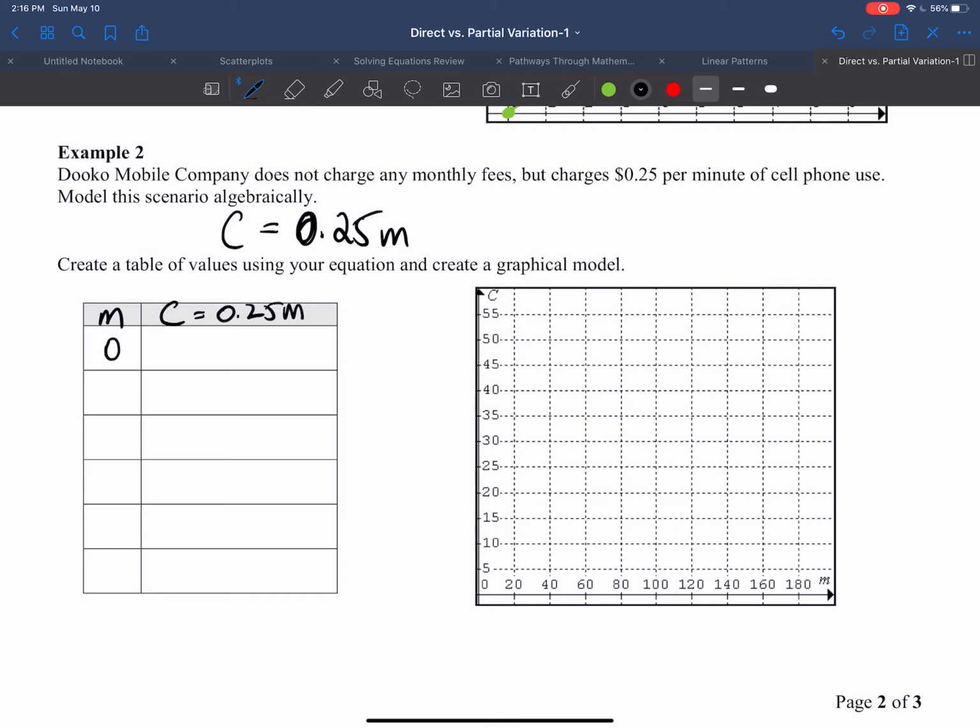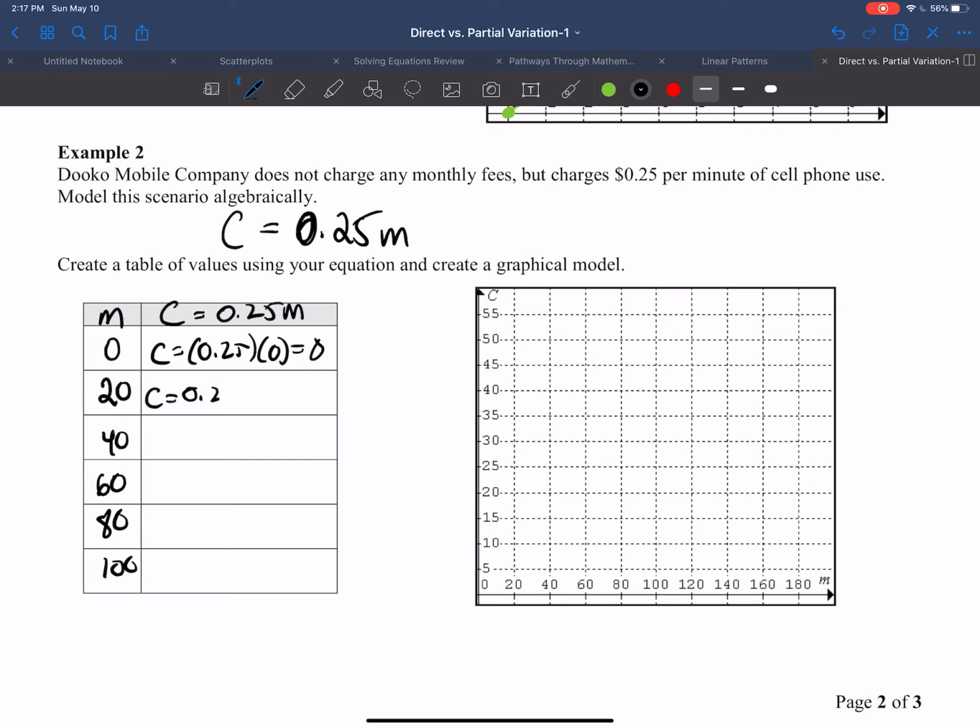Let's do 0, and I'm going to use the values in the table. If I don't talk at all, it costs me 0, because 0.25 times 0 is 0.